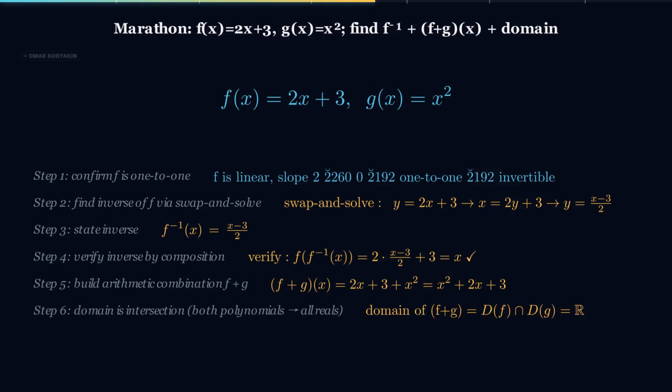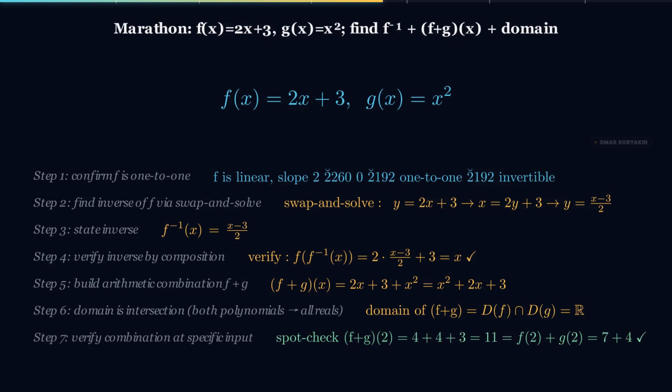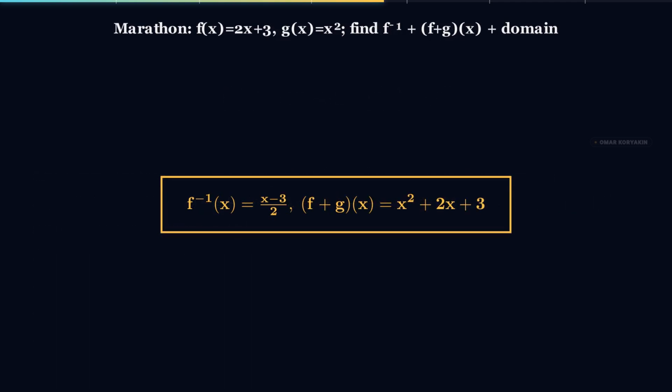Spot check at x equals 2: f of 2 equals 7, g of 2 equals 4, f plus g of 2 equals 11. Symbolic check: 2 squared plus 2 times 2 plus 3 equals 4 plus 4 plus 3 equals 11. Match. So f inverse of x equals (x minus 3) over 2, f plus g of x equals x squared plus 2x plus 3 with domain all real numbers.